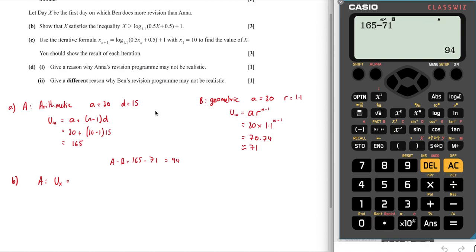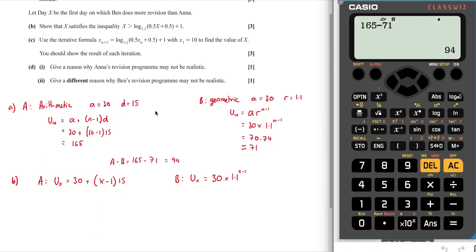Let's see. So UX is 30 plus X minus 1 times 15. And for point B, UX is 30 times 1.1 to the power of X minus 1.